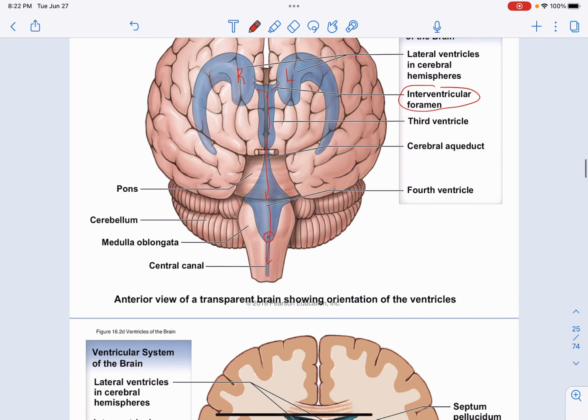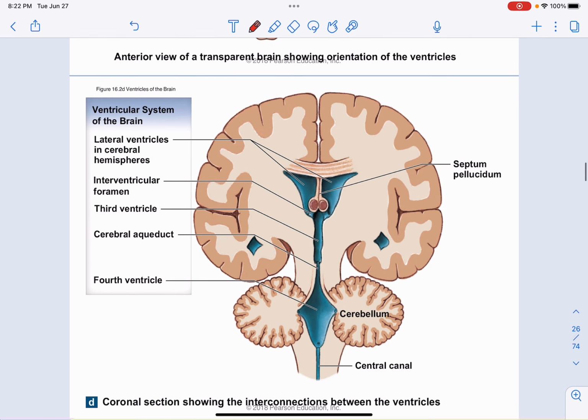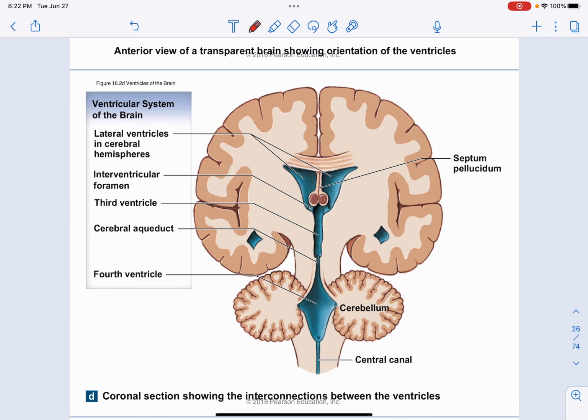I want to show you one other view of these ventricles. This is a cutaway section showing the lateral ventricles here. The third ventricle is here, and it shows you where the foramen is, and then there's the cerebral aqueduct leading to the fourth ventricle.